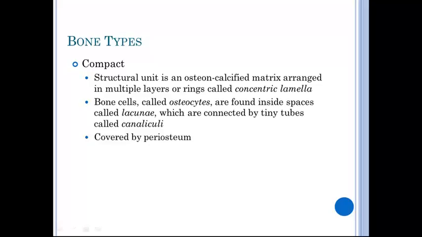The other bone type is dense, sometimes called compact, in which the structural unit, the osteon, is calcified matrix arranged in multiple layers or rings called concentric lamellae. Bone cells are called osteocytes, which are found inside spaces called lacunae, which are connected by tiny tubes called canaliculi.